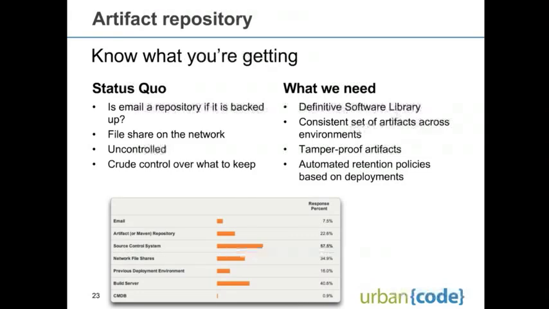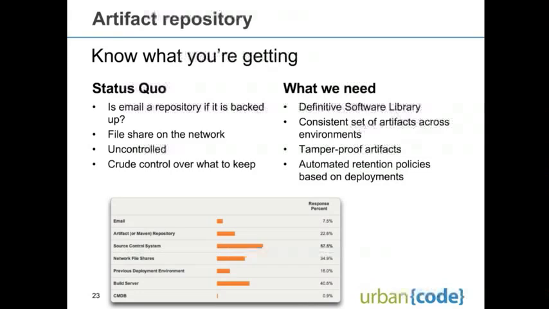Fundamentally, we want an authoritative place where we go get the stuff we're going to deploy, and we know what version it is. And we know that if I deploy this thing to the QA environment, I can then deploy the same thing to the production environment, and no one's going to tamper with it in between. No one's going to replace what's in my Dropbox. I have it actually versioned.